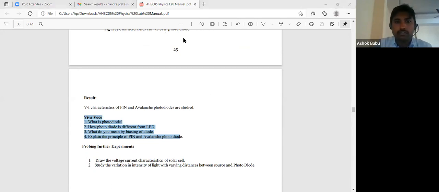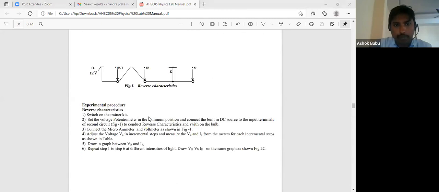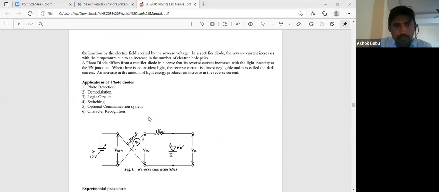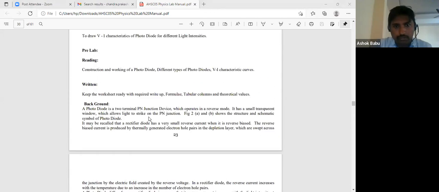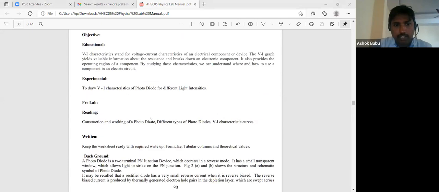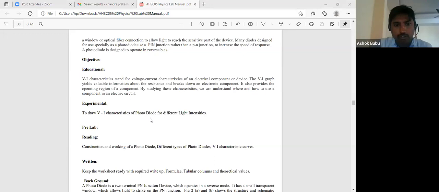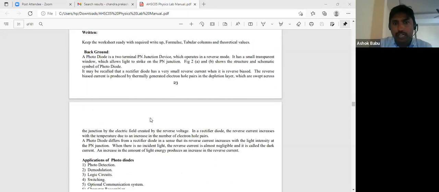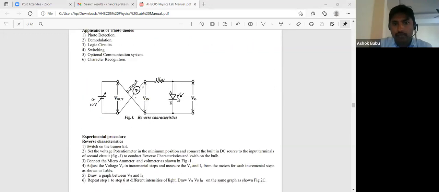Also write the apparatus. See the diagram and write the apparatus, amma. What are the apparatus we are going to use here?